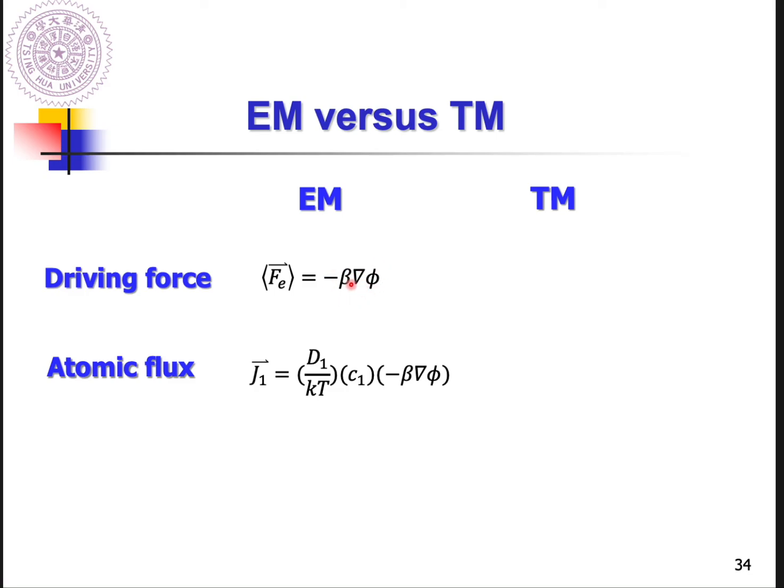But if the case we are talking about is electron migration, that means this migration is due to the electron flow. In this kind of situation, you need to modify the driving force by adding the beta here. So it will be the minus beta times the electrical potential gradient. Then because the driving force is modified, you also modify the atomic flux here. Okay, so next we are going to talk about thermal migration.